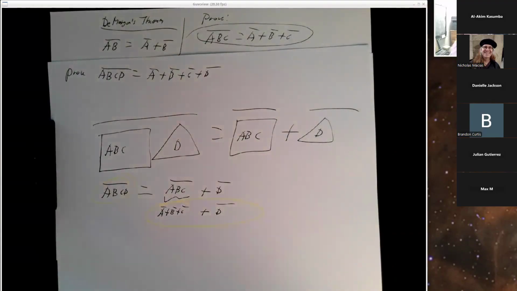All right. Could I do this one more time and prove this is true for five variables? Does everybody think that's possible? Cool.